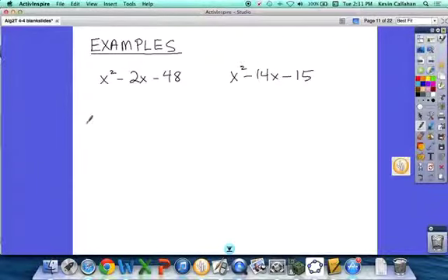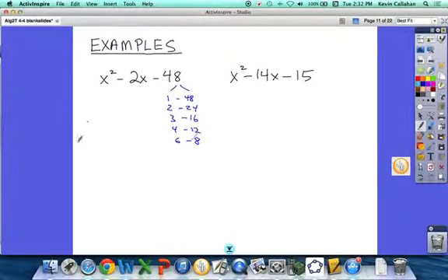And 48 has a ton of factors, right? We have 1 times 48, 2 times 24, 3 times 16, 4 times 12, 6 times 8. Okay, and because the middle term is negative, we know the bigger one of the two is negative.